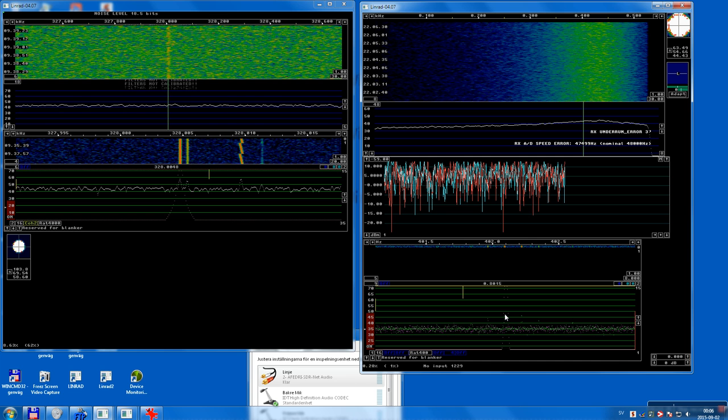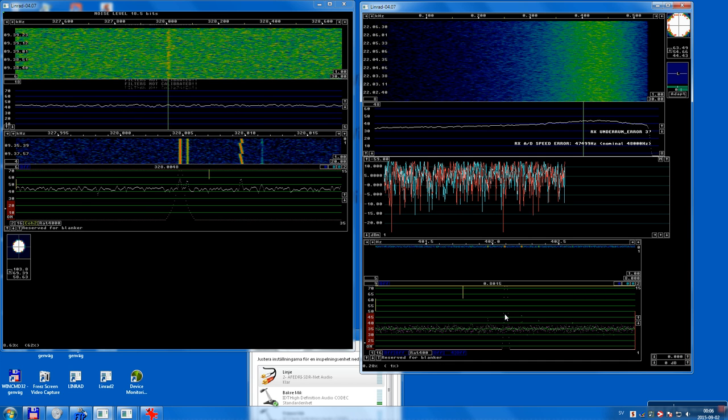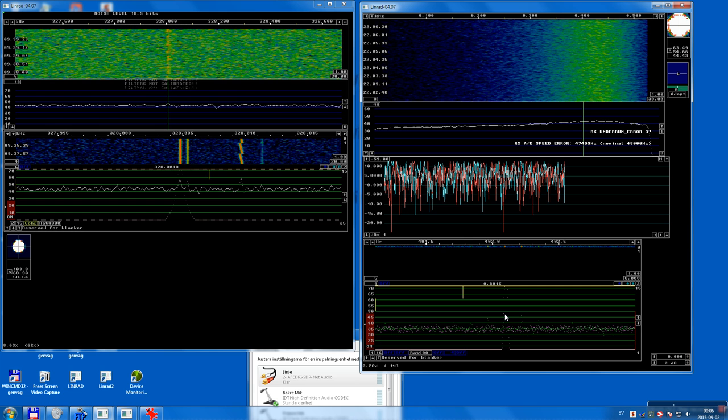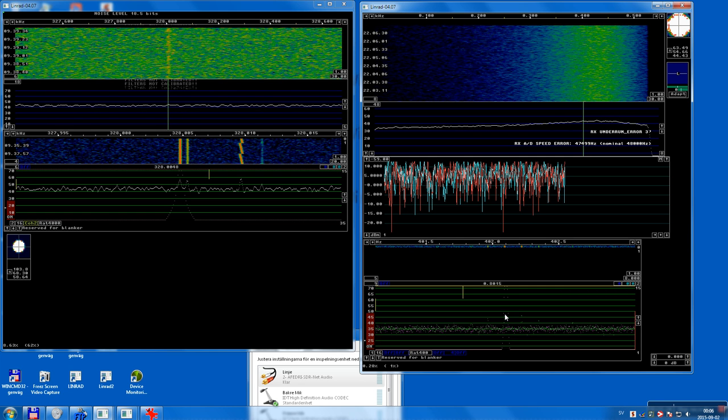Here the carrier, I have not worried to center it. Everything is so slow here. So I just want to show it.